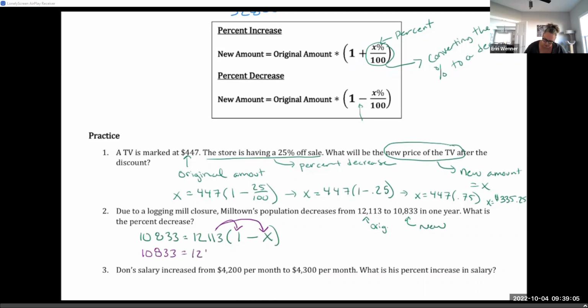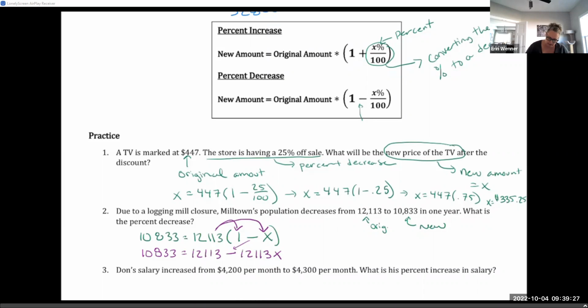So 12,113 times 1 is just 12,113. We bring that subtraction sign down. 12,113 times x is 12,113x.